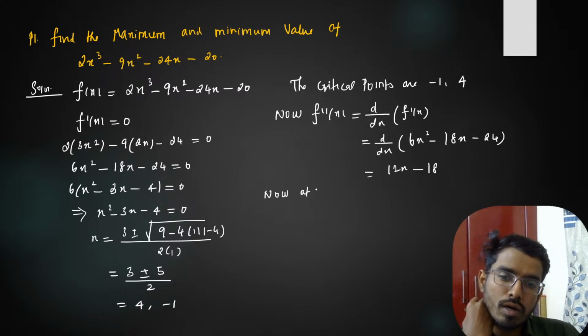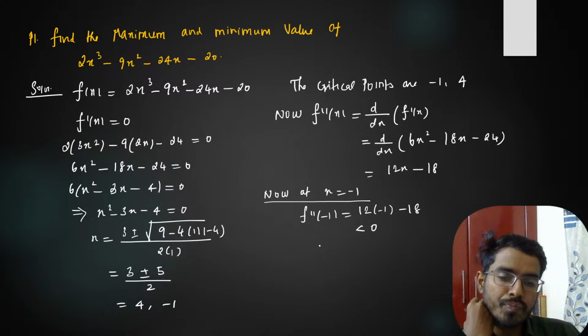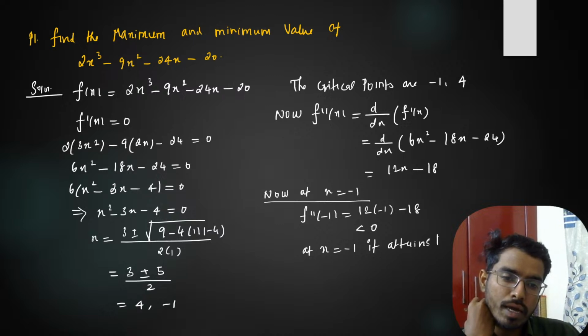Now at x is equal to minus 1, what is f double dash of minus 1? 12 into minus 1 minus 18, which is less than 0. So that means at x is equal to minus 1, it attains maximum value, right? Whenever the second derivative is less than 0, it attains maximum value.